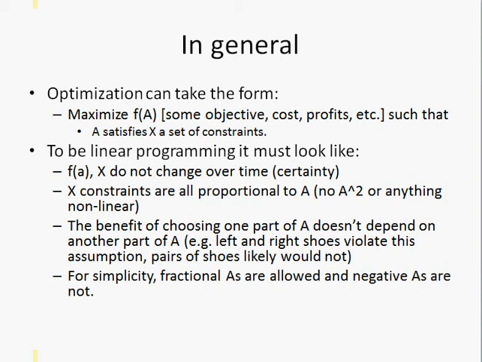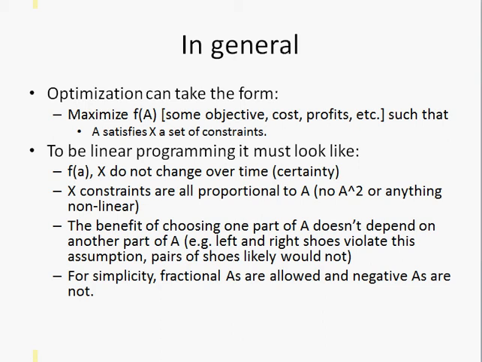The constraints on the problem have to be proportional to the inputs. So for example, we could think about a shoes problem. We would not like to be selling shoes and have an odd number of shoes, because the last shoe doesn't have a mate and will not sell well.